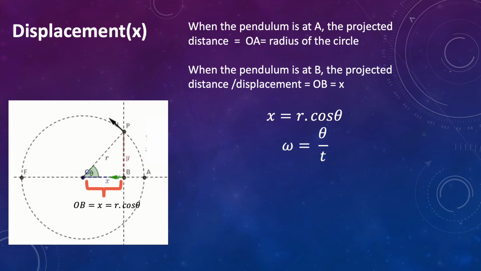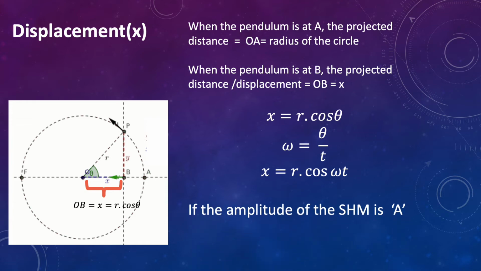And since angular velocity is the rate of change in the angle, we can rewrite the displacement x as r cos omega t. So if the amplitude of the simple harmonic motion is capital A, the displacement equation is A cos omega t.